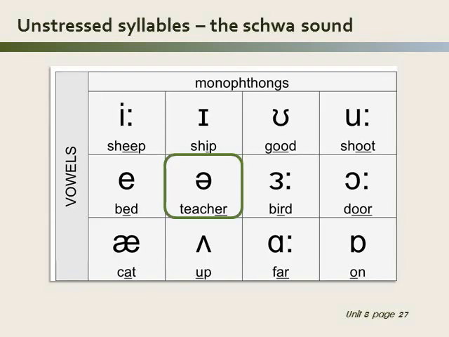So what you'll have heard is that in the unstressed syllables, transportation, the sound stops being the full sound and becomes this reduced sound, which you find very often in English in unstressed syllables.